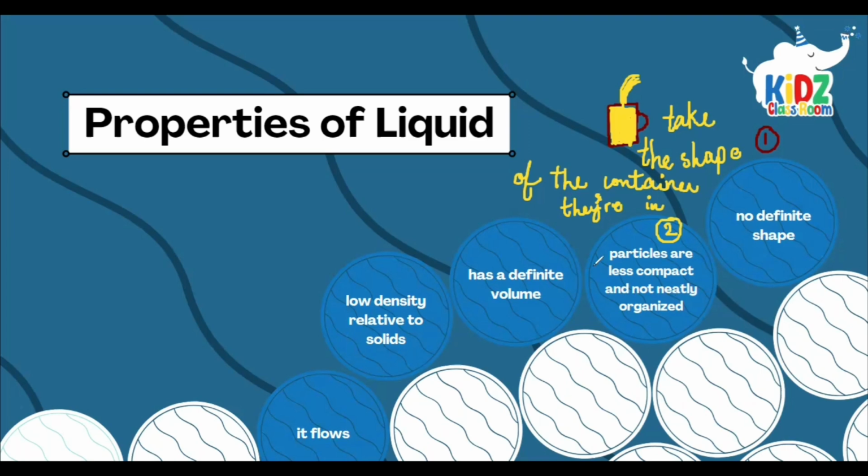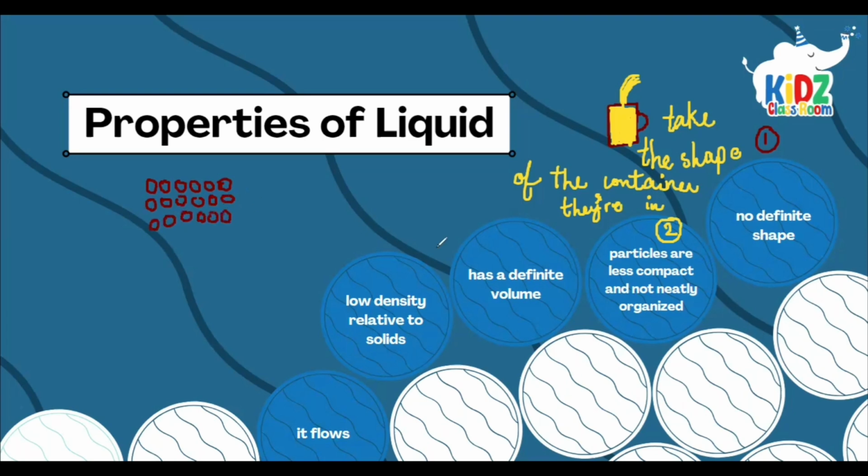But in liquid, particles are less compact than solids and they can slide past each other. Let's make a diagram of the arrangement of particles in liquid. They are packed closely together, but they have enough space to slide past each other.